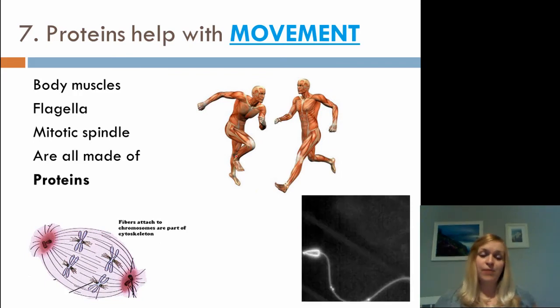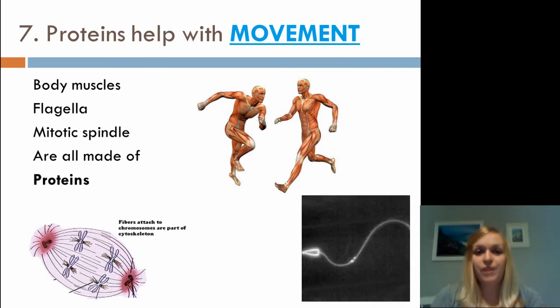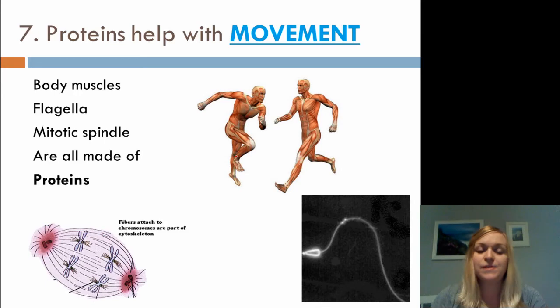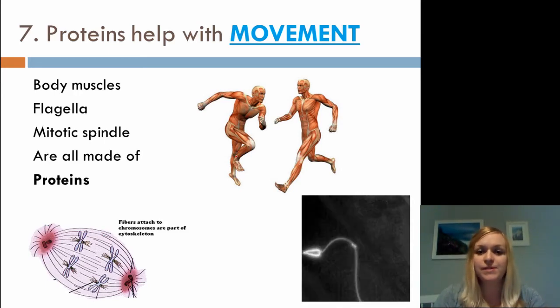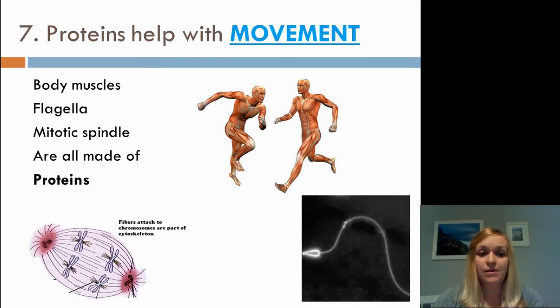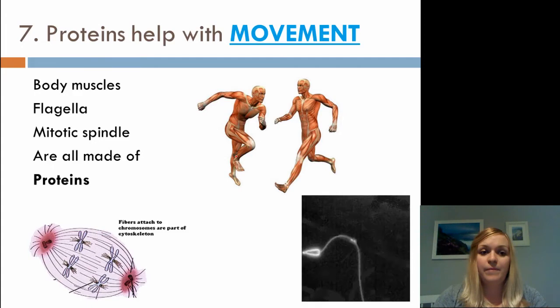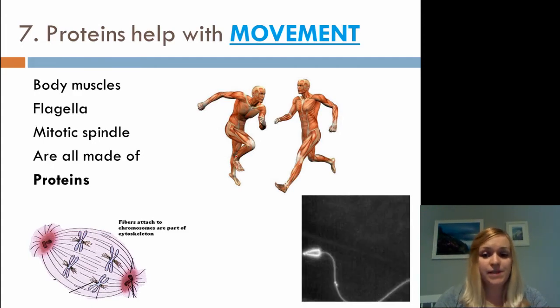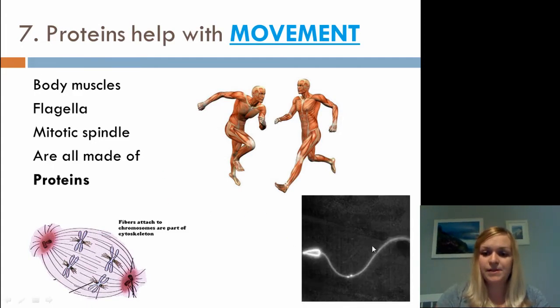Okay, now proteins help with movement. This is where most of you go, oh, we need protein for muscles. That's exactly right. Our body muscles absolutely require protein. But there are all kinds of things in our bodies that also require protein. Flagella on some types of cells, like sperm cells. You can see this animation here.